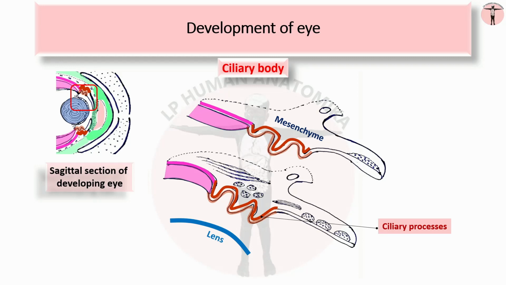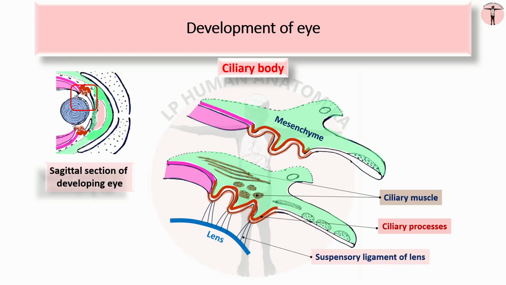Externally, the ciliary process is covered by a layer of mesenchyme that develops into the ciliary muscle. On the inner surface, it is connected to the lens by a network of elastic fibers called the suspensory ligament of the lens, or zonula. Contraction of the ciliary muscle changes tension in the ligament and controls the curvature of the lens.